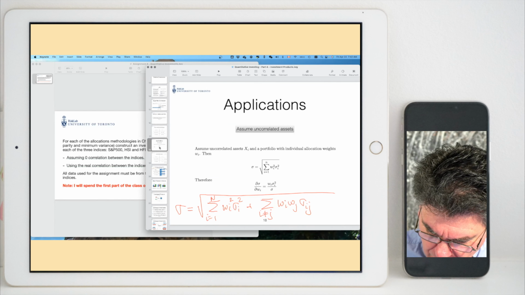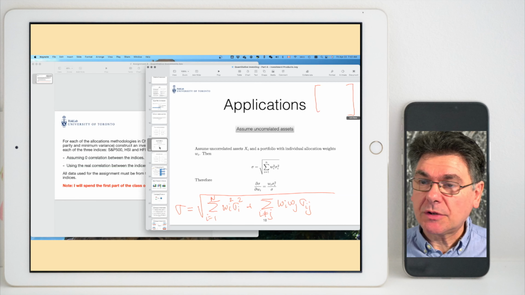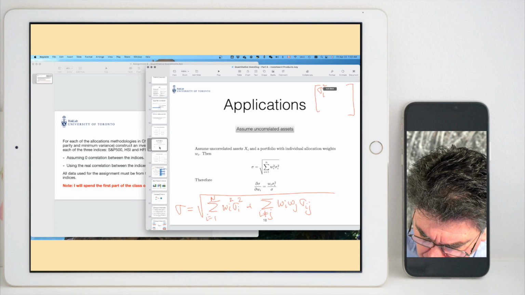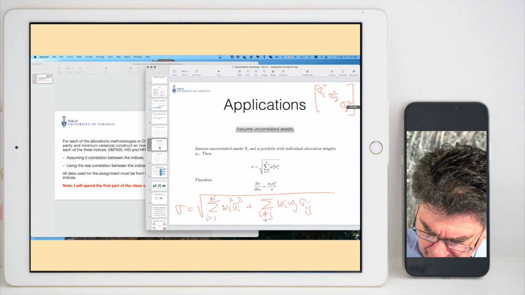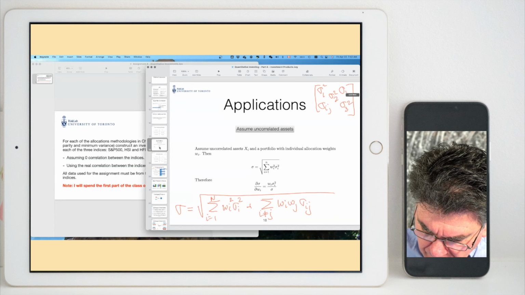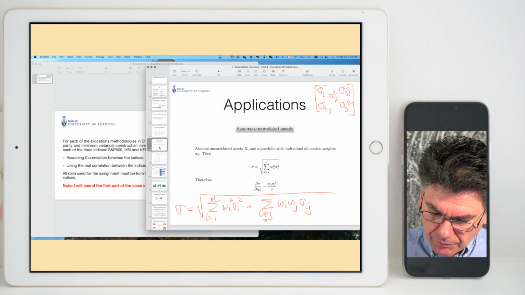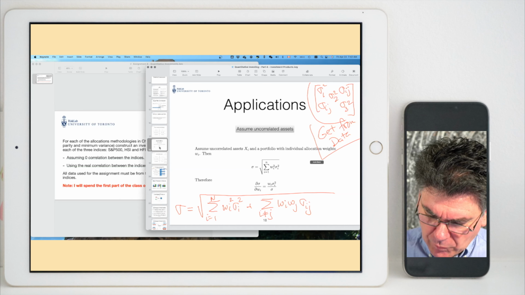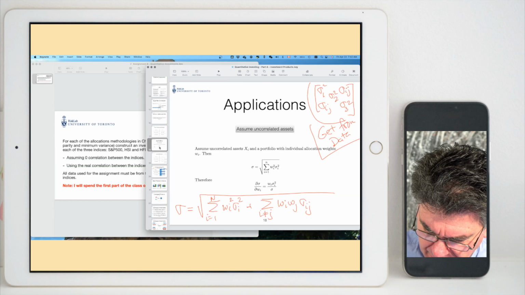You need to have not only the standard deviation, the volatility for each investment, but you need to have the covariance, the ij. And you do this in Excel, for example. So this is known. This you get from the database. You get that from data. So you have this information. All this information here is something that we have.